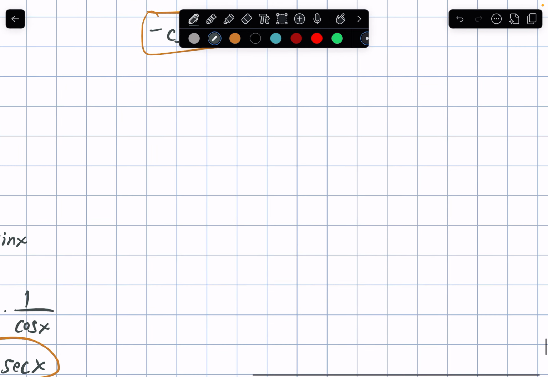Okay, next. Something more complicated. Let's try a fraction. Okay, we cannot reciprocate anything. We have to do the quotient rule.